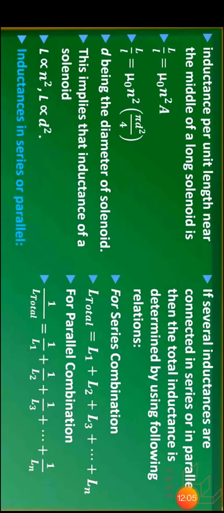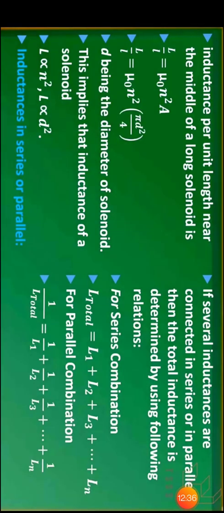Now the area's value we put in brackets as pi d square upon 4, where d is the diameter of the solenoid. This implies that the inductance of a solenoid L is directly proportional to n square and directly proportional to d square.